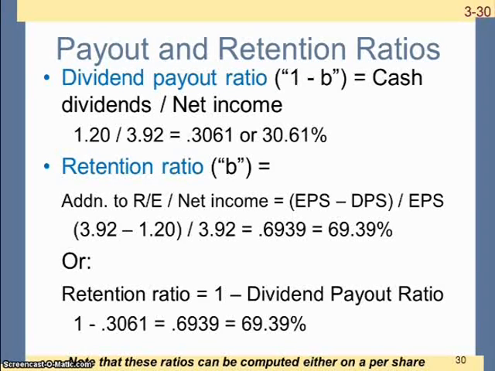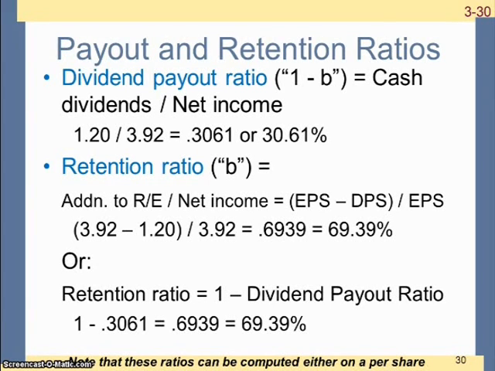It is the opposite of the dividend payout ratio. So, retention ratio B equals 1 minus dividend payout ratio, and also equals retained earnings divided by net income. The payout ratio is the amount of dividends the company pays out divided by the net income.